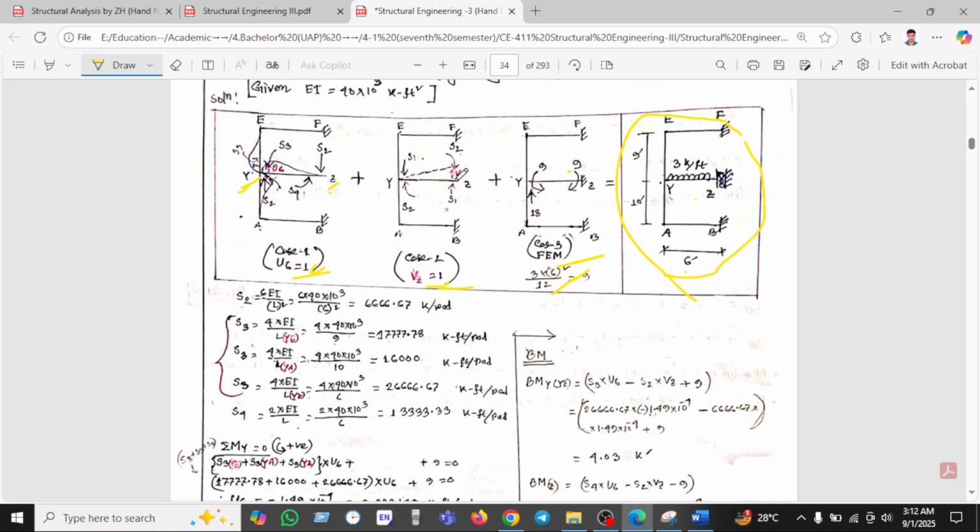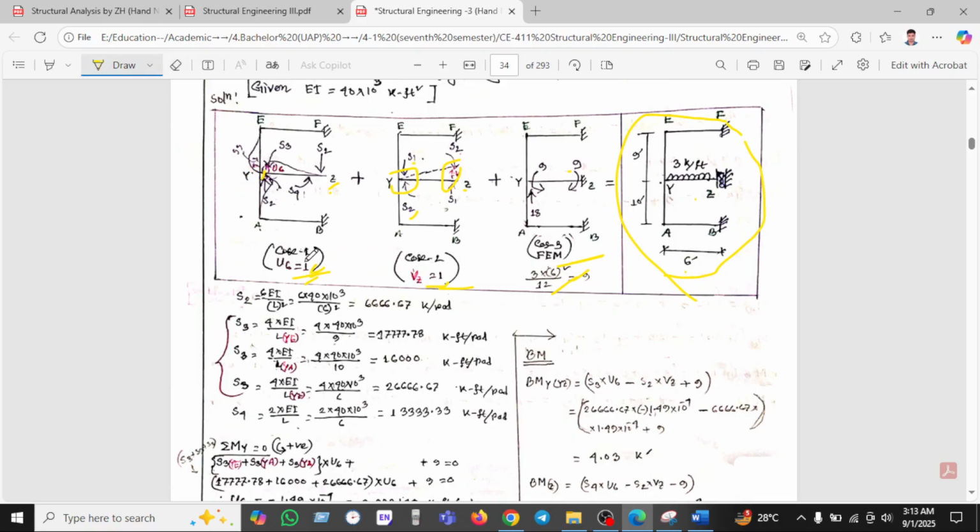BZ is 1 applied, S1 is applied at the joint upward, then S2 will be downward. The same thing, it will be in the opposite direction, S2 and S1. And UZ, theta, we have been taking the rotation at point Z. That's why this member will act like this, and this member will be deflected like this, and this member will be deflected like this. Okay.